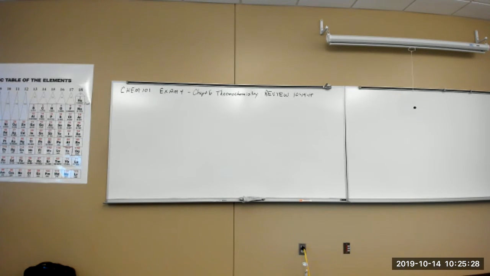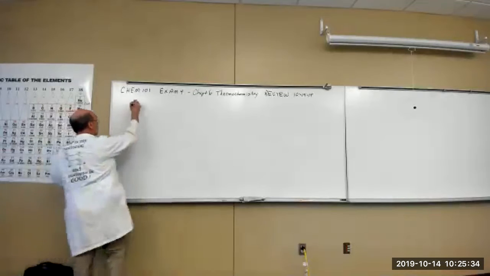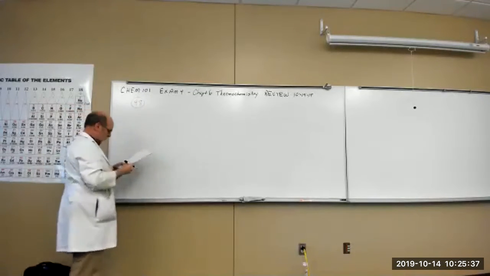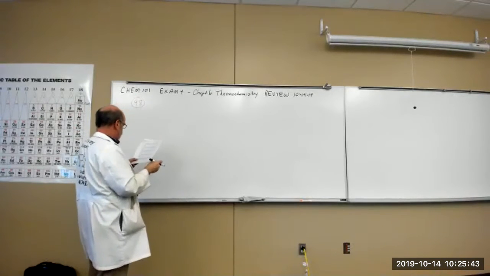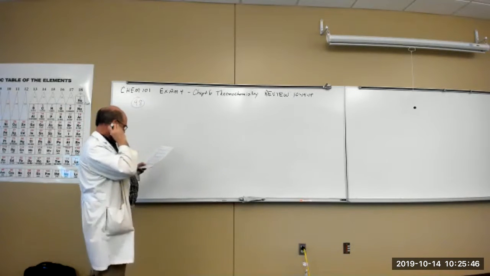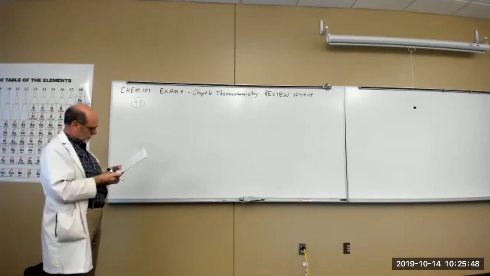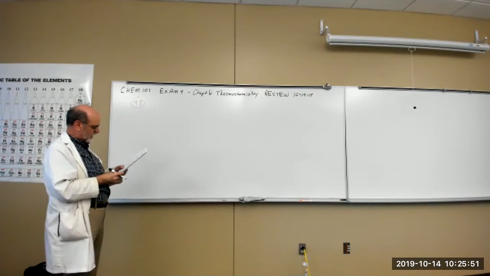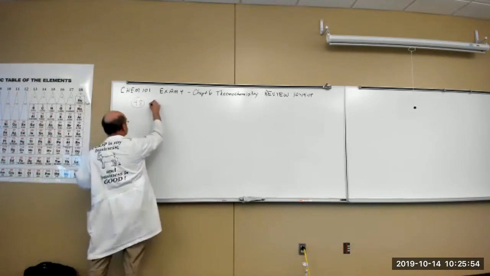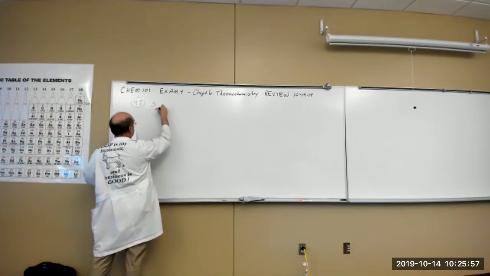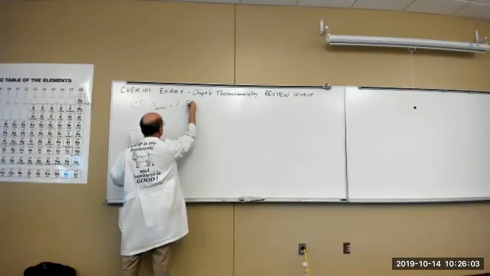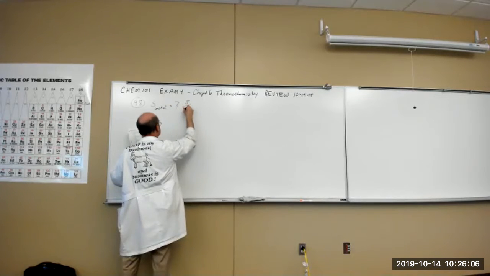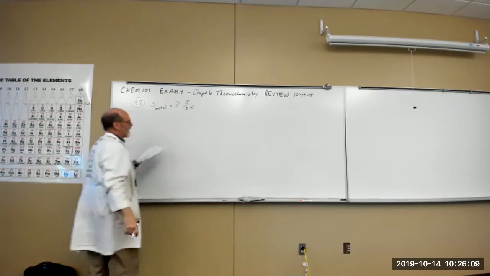Okay, how about one last one, 98. Yeah, let's do 98 because that's a calorimeter problem that would be more like what we're going to do. Let's approach this from the back to the front. Calculate the specific heat of the metal. So the specific heat of the metal is going to be something in terms of joules per gram K. Now, why did I write K instead of degrees C?